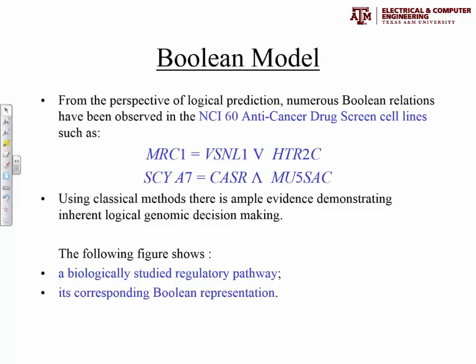So we have seen that Boolean logic can be used to describe relationships between many genes. Using classical methods, there is ample evidence demonstrating inherent logical genomic decision making, and this again is an old idea, because of Norbert Wiener in 1948.